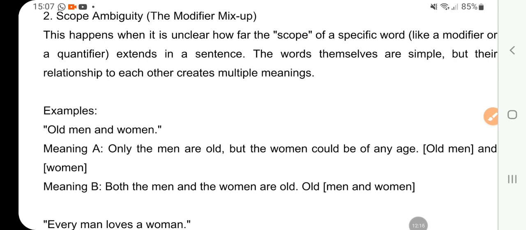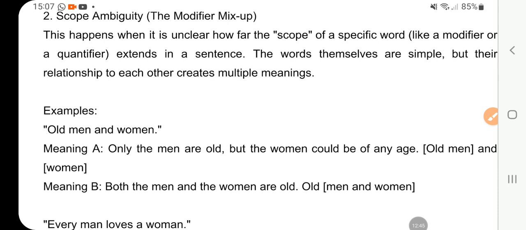This happens when it is unclear how far the scope of a specific word extends, like a modifier or a quantifier, which tells something about quantities, some or many or more, right? A modifier is just used to modify, like I have some water in my water bottle, so water is being modified by the word some, how much, right?